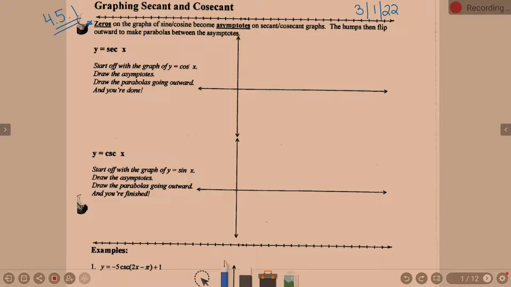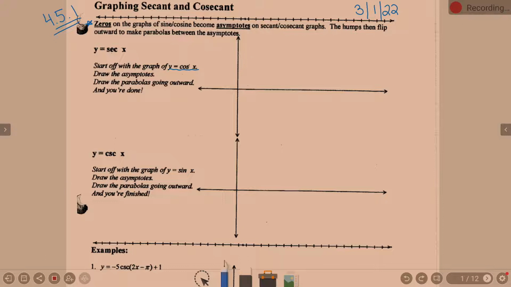My goal today is to get through the basics with secant and cosecant so you at least have some information about how they work. And then honestly, you're using your sine and cosine information from prior. So, secant is the reciprocal of cosine.